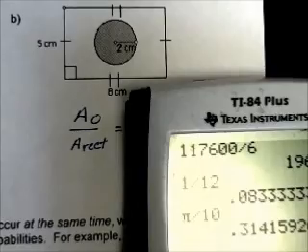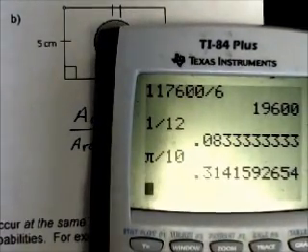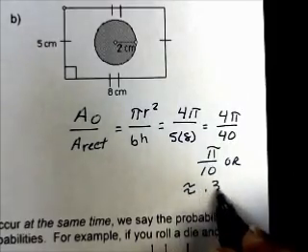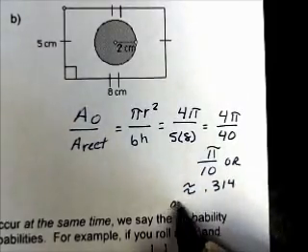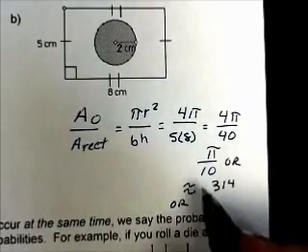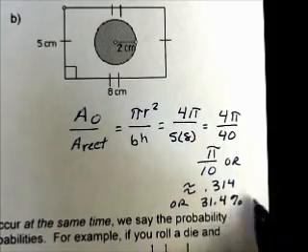All right, I have this decimal that's non-terminating, so I'll approximate it to be 0.314. So that's approximately 0.314, or if I write this as a percent, 31.4%.